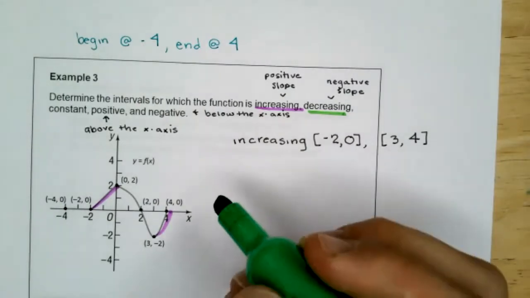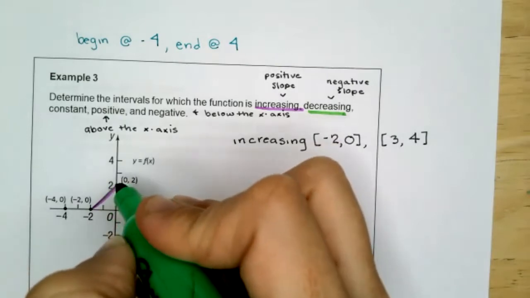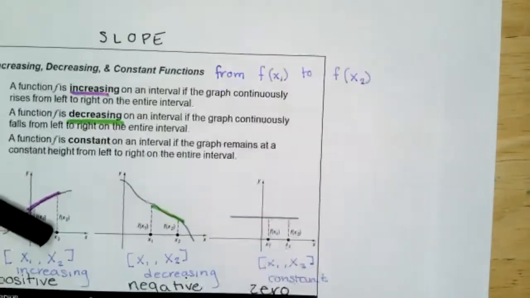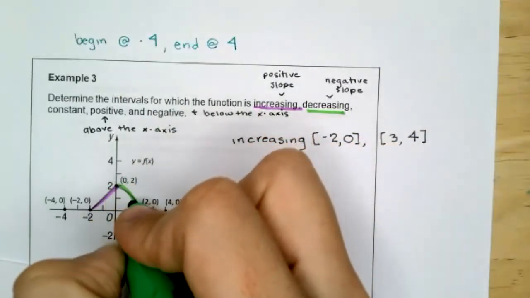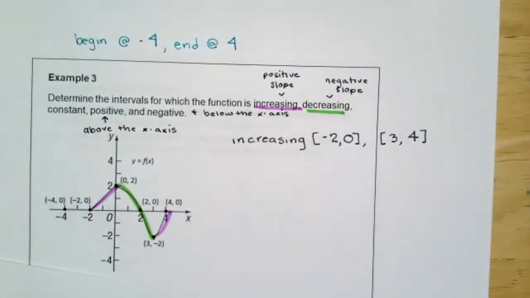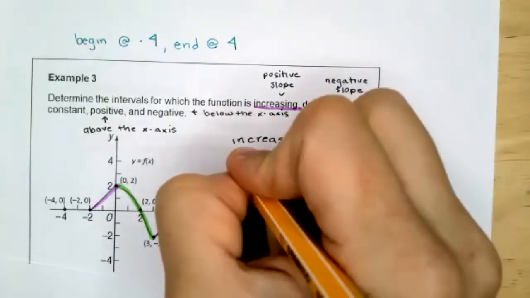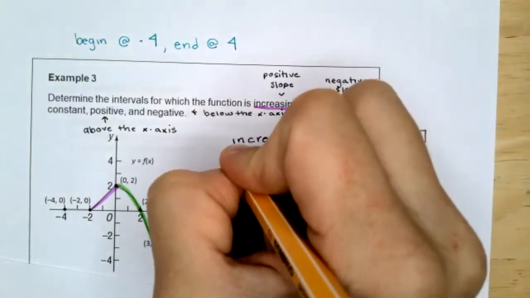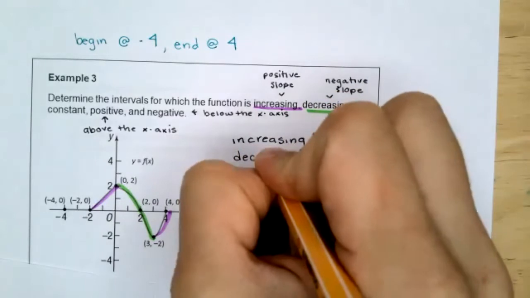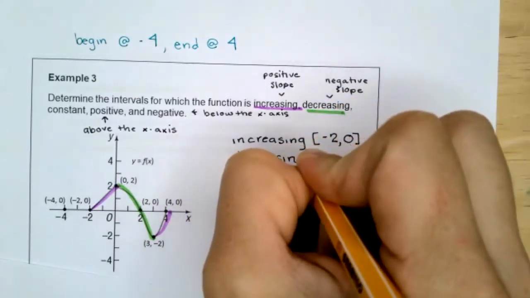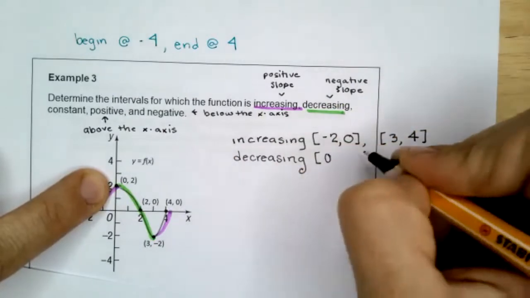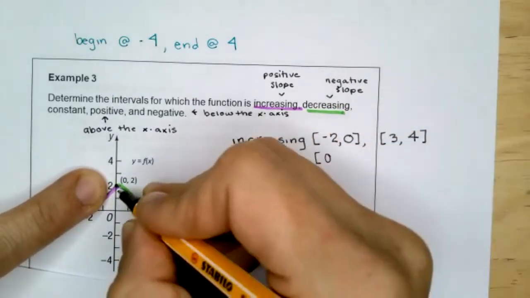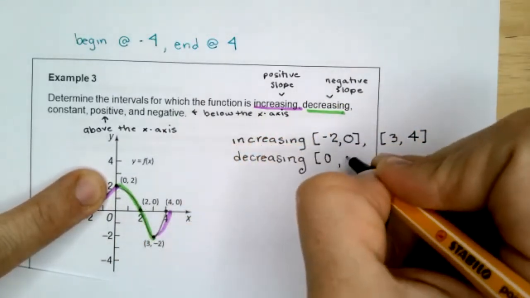Now let's talk about decreasing. Decreasing means it's just going down, right? Just like this picture, we're decreasing. So decreasing is from here to here. We are only writing it in terms of the x-axis. So we begin decreasing at 0 on the x-axis, from 0 to 3.